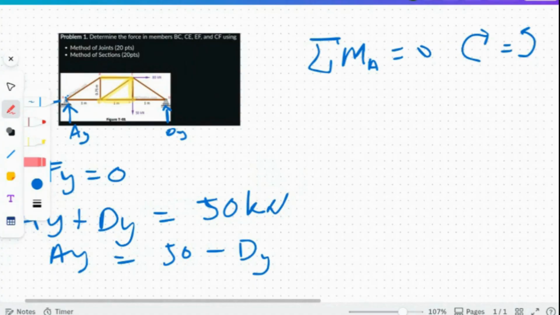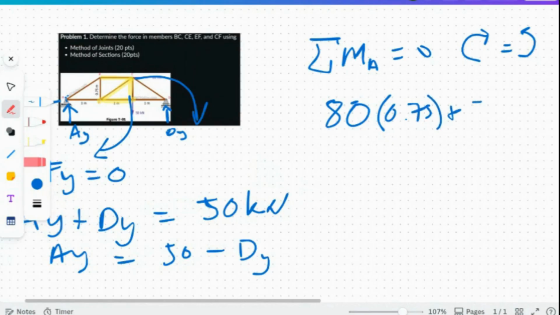In this case, 80 kilonewtons is creating a clockwise motion, right? So this arrow is going that way. It will make your structure rotate. Also your 50. So 80 times 0.75 plus 50 times 2.